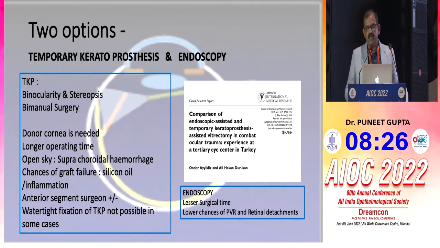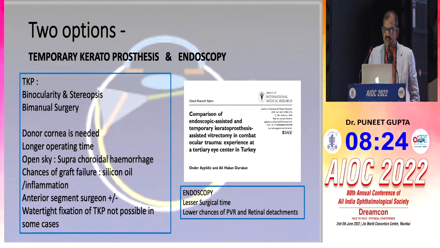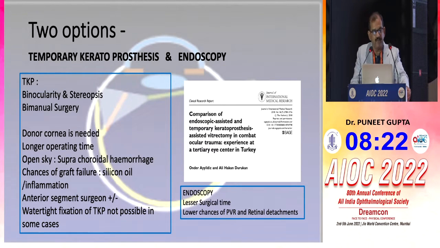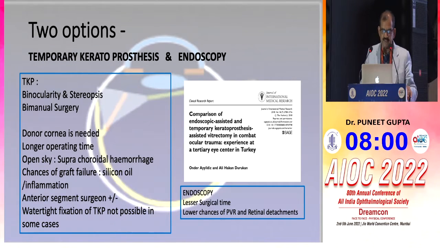Because of the open sky situation, there are chances of suprachoroidal hemorrhage and graft failure because of inflammation and silicone oil in the eye. You may also require the help of an anterior segment surgeon, and in some situations of ocular trauma, watertight fixation of the TKP is not possible because of the wound situation.